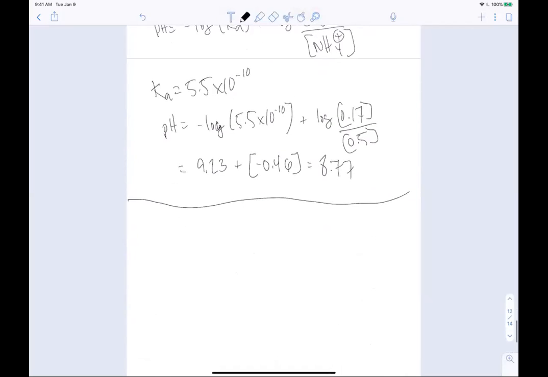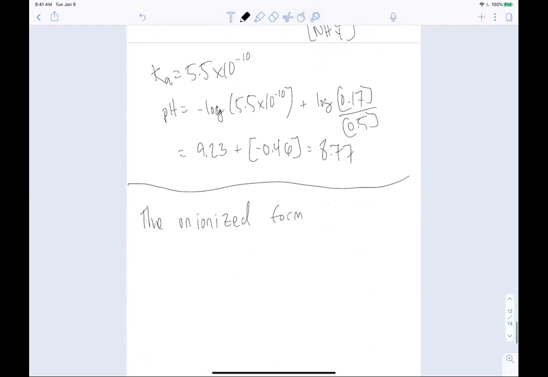All right, 20. This one says the unionized, which reads like "union-ized," but is in fact "un-ionized."